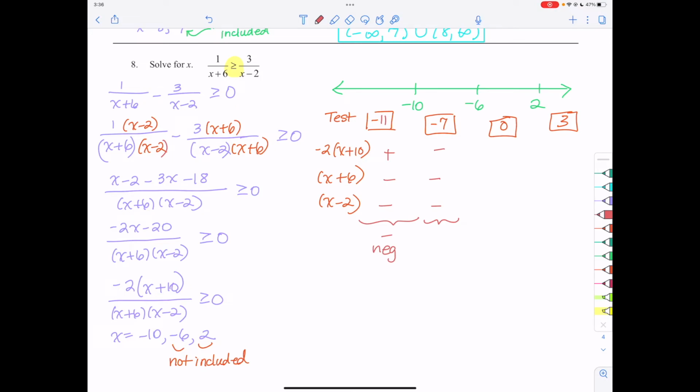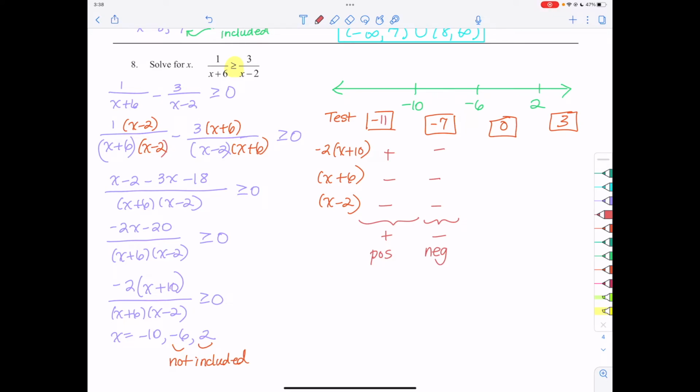So this would continue to be negative. Okay, so now plugging in a negative 7, we would have negative, negative, and negative. So we will also be negative. And this would be a positive, because a negative times a negative is a positive, and then multiplied by a positive. Okay, we are getting there.